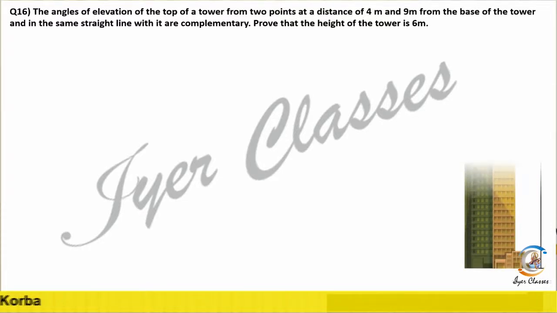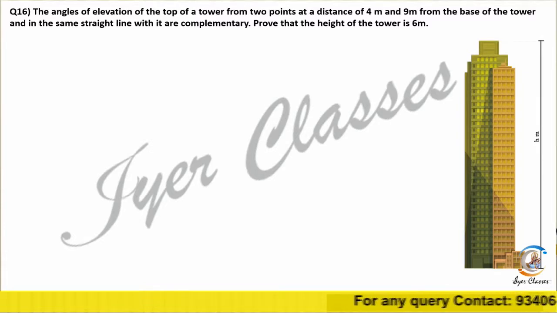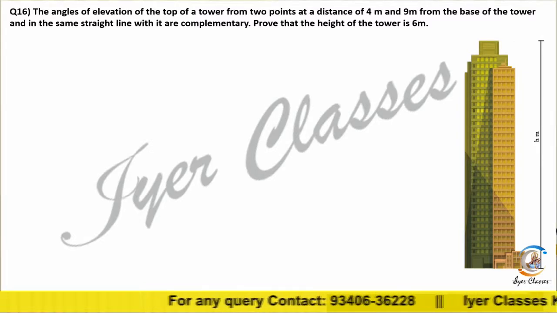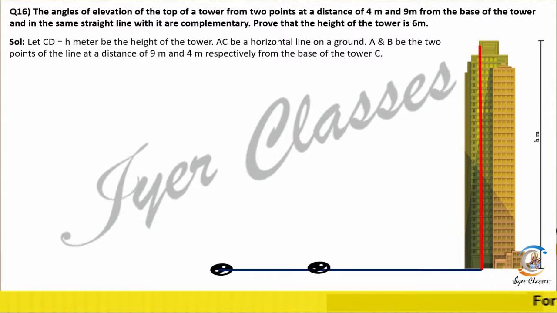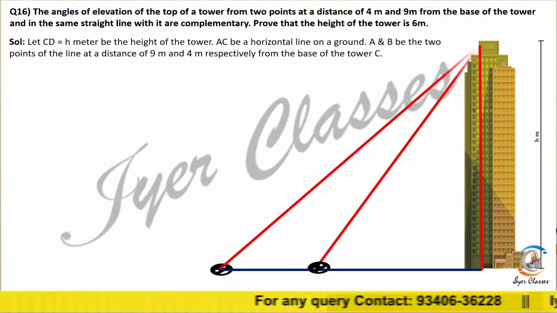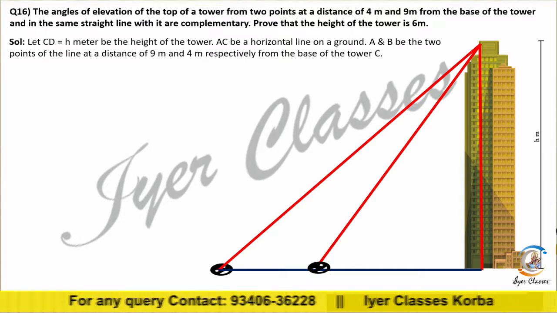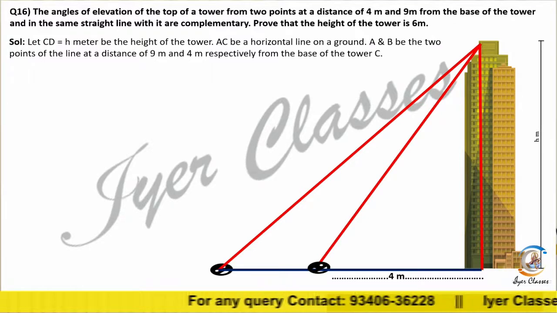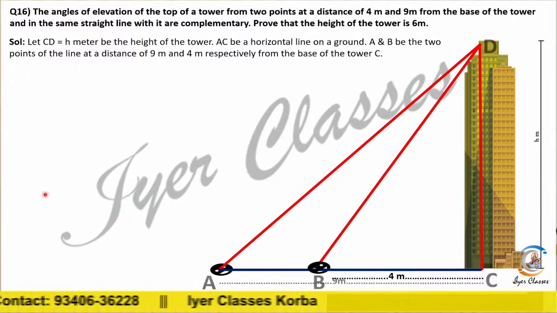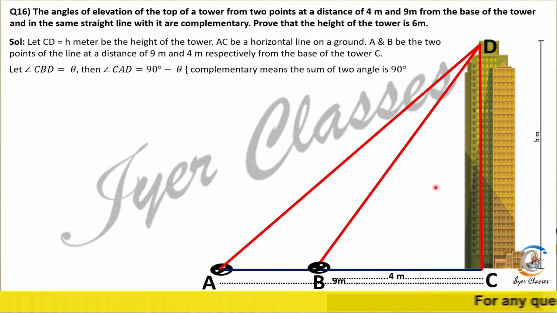What you see here is a tower. You have to find the height of the tower if you observe it from 2 points. The angles of elevation of the top of the tower from these two points are complementary to each other, right? One point of observation is at a distance of 4 meters and the other is at a distance of 9 meters, right?